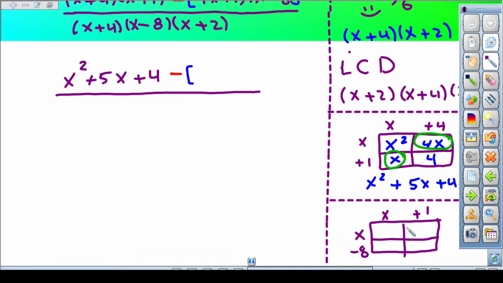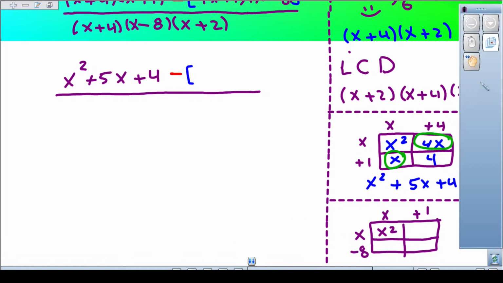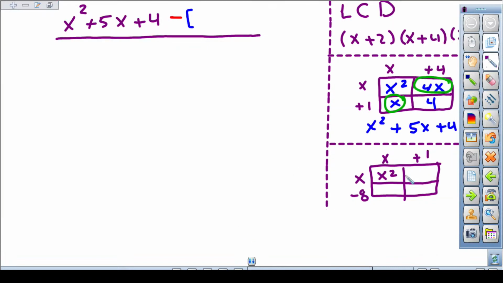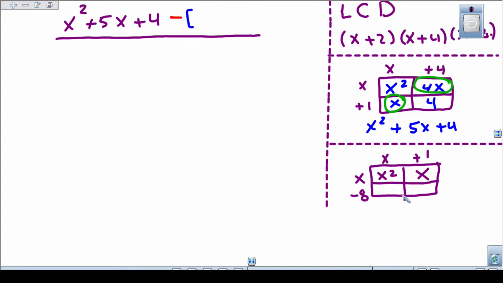Somebody help me out here. X times x is how much? X squared, thank you. Let me scoot back just a little bit. And 1 times x is x.